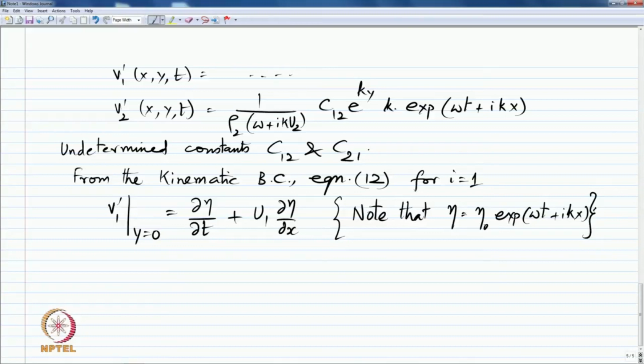We have the same normal mode perturbation introduced to eta.